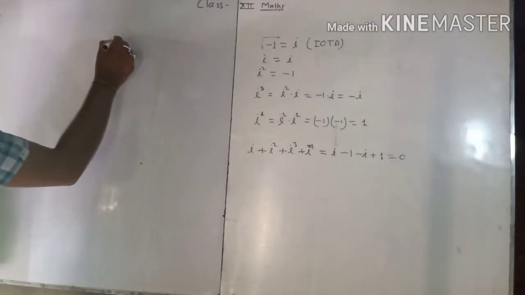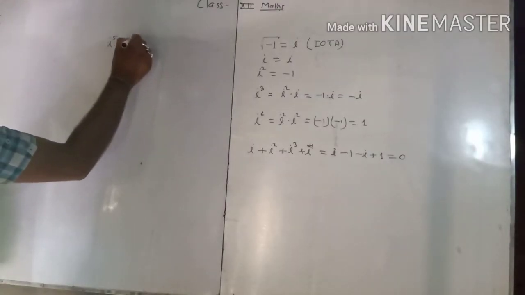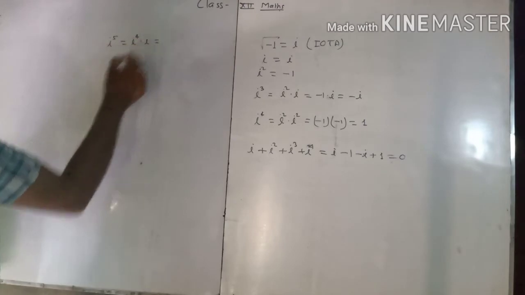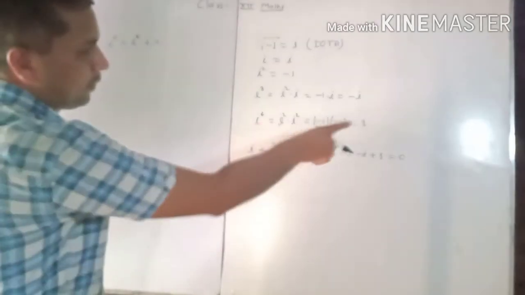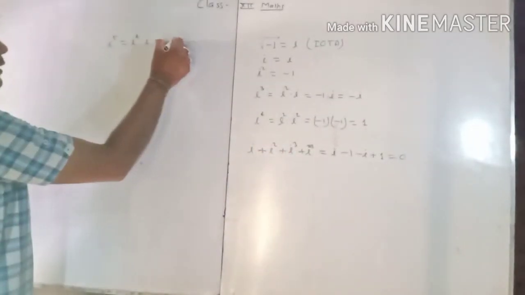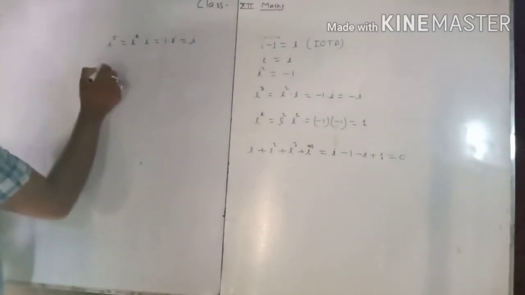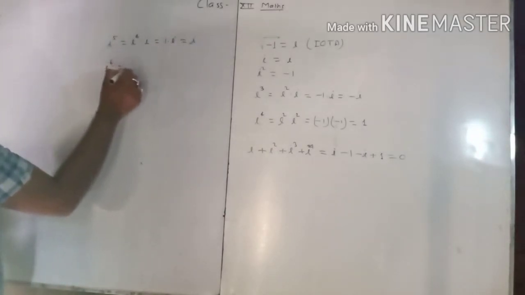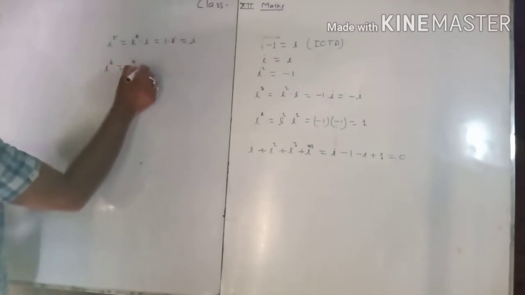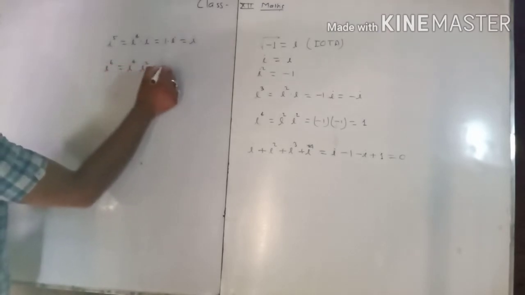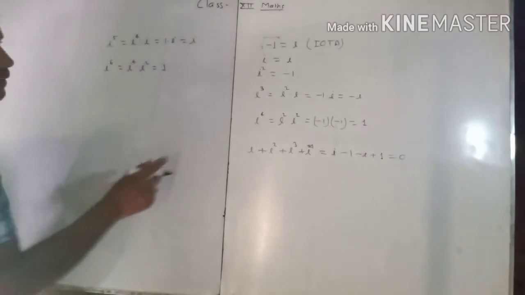i to the power 5 is equal to i to the power 4 into i, means 1 into i, equal to i. i to the power 6 is equal to i to the power 4 into i square. i to the power 4 means 1, i square means minus 1.